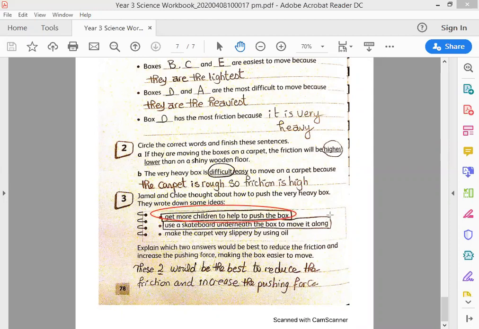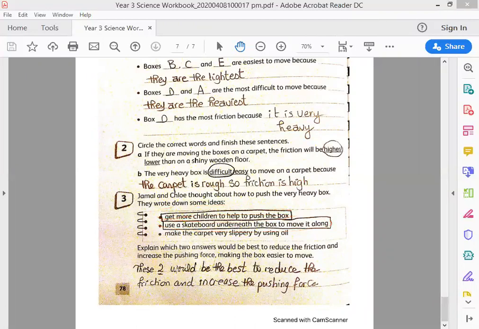What do you think about using a skateboard underneath the box to move it along? Yes, it's a very good idea. Do you know why? Because as we said before, the wheels reduce friction, and a skateboard has wheels. When they place the box over it, it will act like the shopping trolley. We place a heavy object inside it, and it has a low friction, so it moves easily.